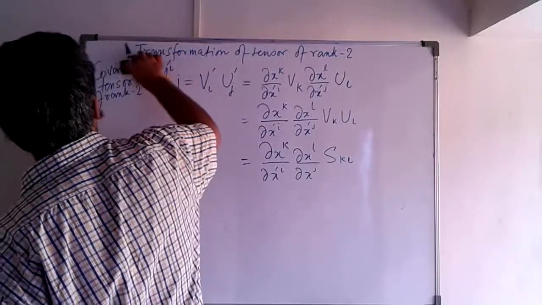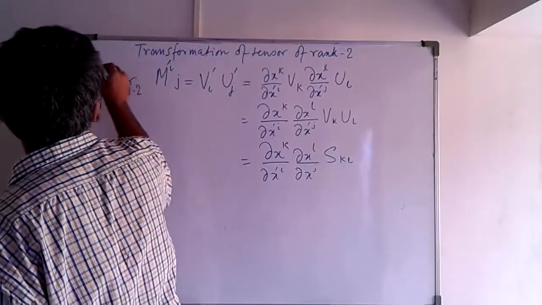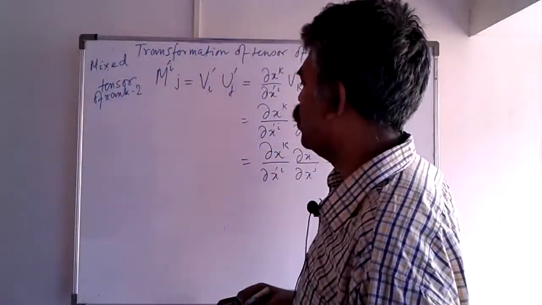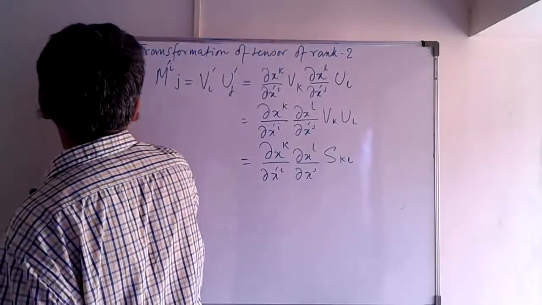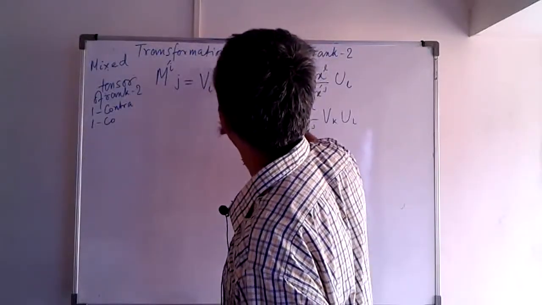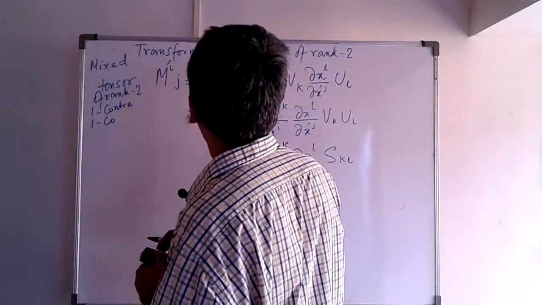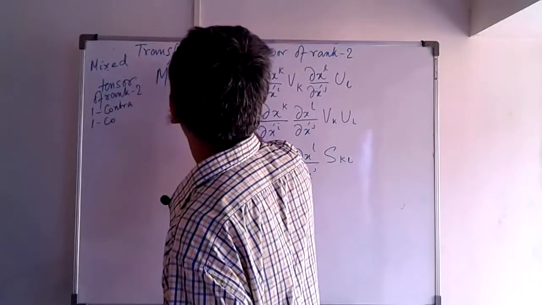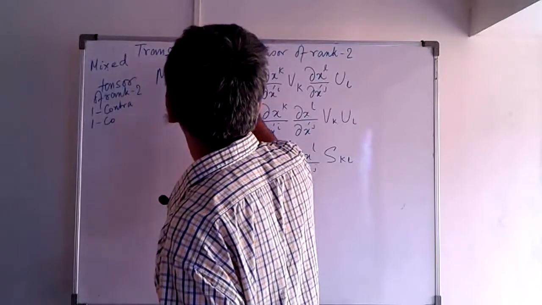So this is a mixed tensor of rank 2, one contra, one co. So this is A i prime and this is V j prime.